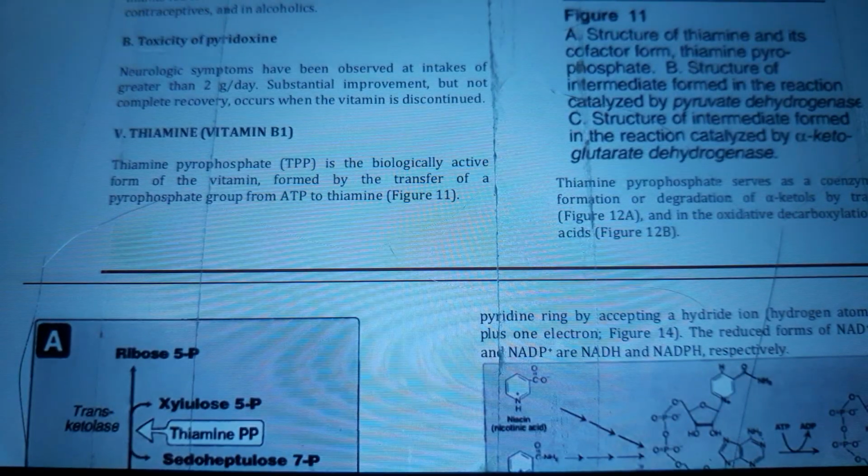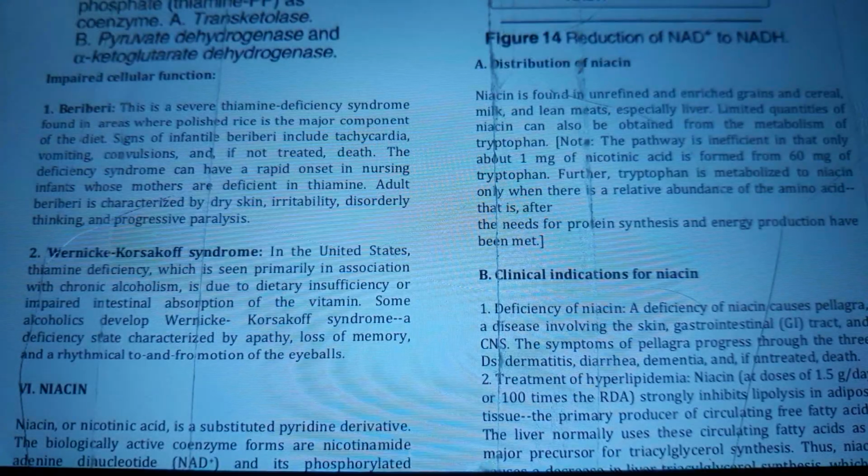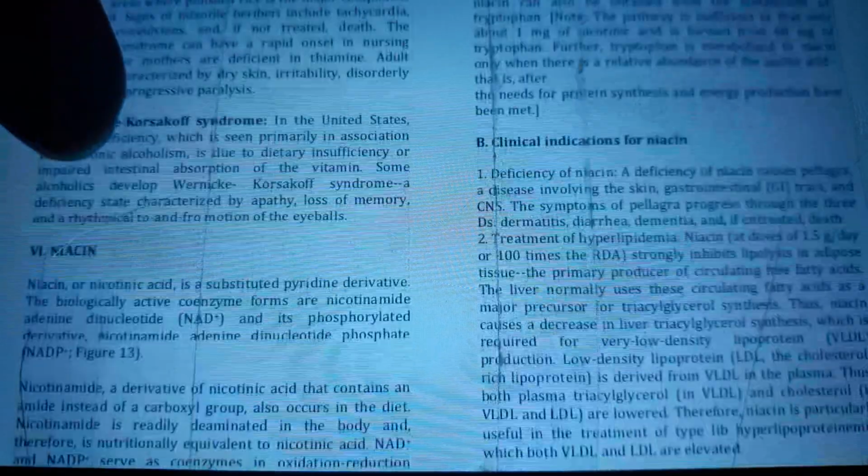It shows the structure of thiamine and its cofactor form thiamine pyrophosphate, the structure of the intermediate formed in the reaction catalyzed by pyruvate dehydrogenase, and the structure of the intermediate formed in the reaction catalyzed by alpha-ketoglutarate dehydrogenase. Reactions that use thiamine pyrophosphate as coenzyme are transketolase, pyruvate dehydrogenase, and alpha-ketoglutarate dehydrogenase; impaired cellular function results from deficiency.